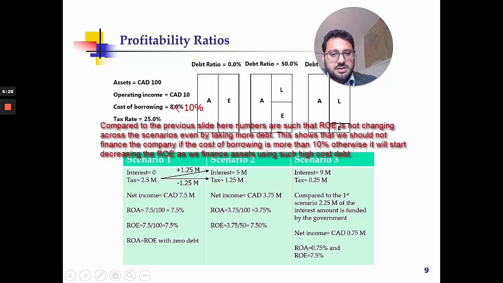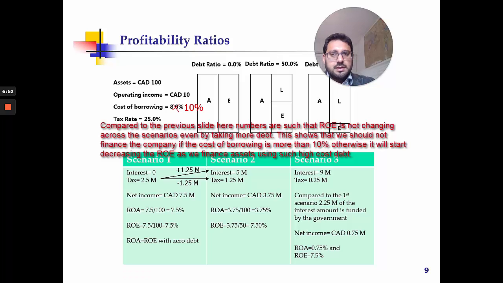So with the change of the composition of the debt, we keep getting the same ROE, but ROA is getting changed. This shows that we should not impart any debt if the rate is more than 10%.